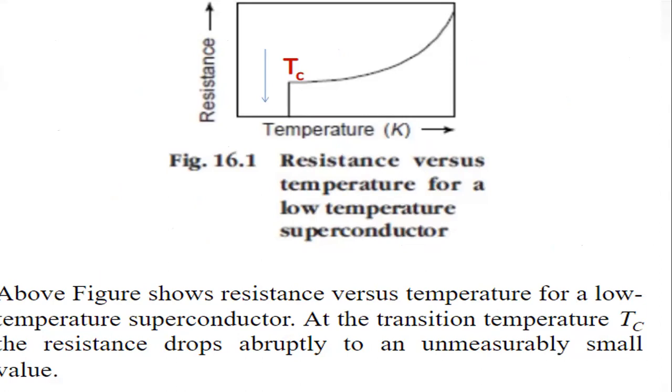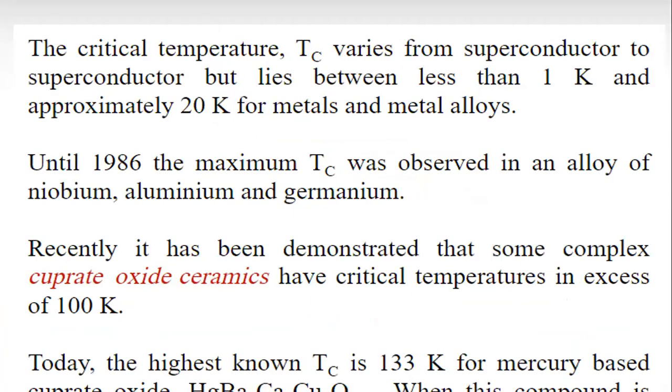Here, by taking the temperature on the x-axis in Kelvin and the resistance in ohms, a graph has been plotted to help you understand how at the critical temperature Tc the resistance suddenly drops and cannot be measured. The critical temperature varies from superconductor to superconductor, but it lies between 1 Kelvin and 20 Kelvin for metals and metal alloys.